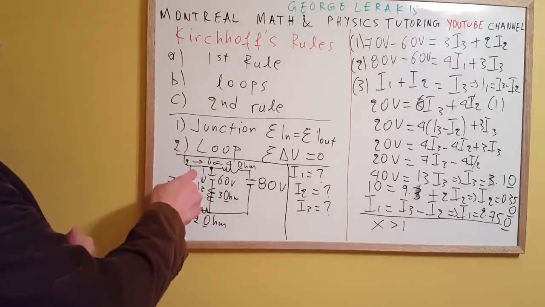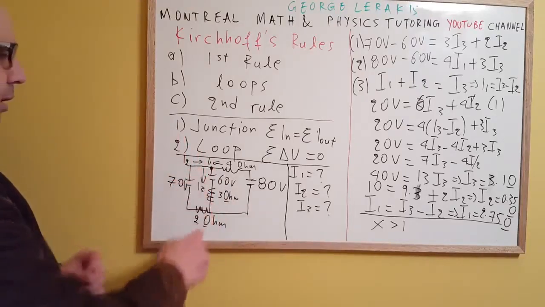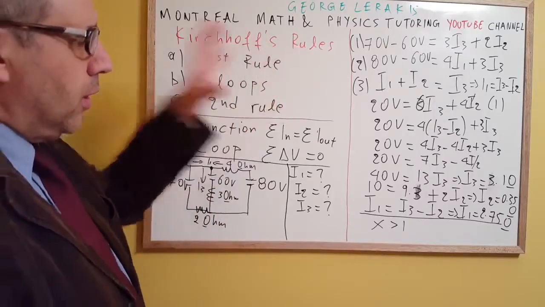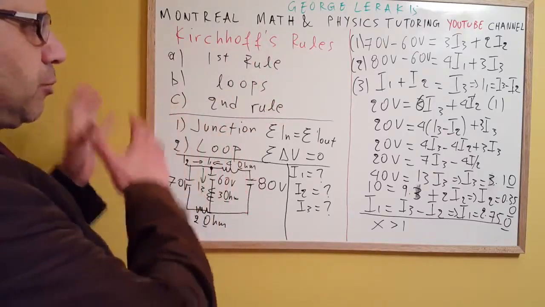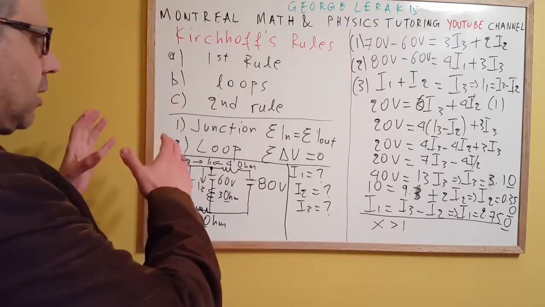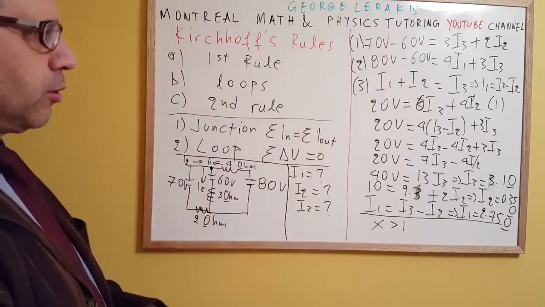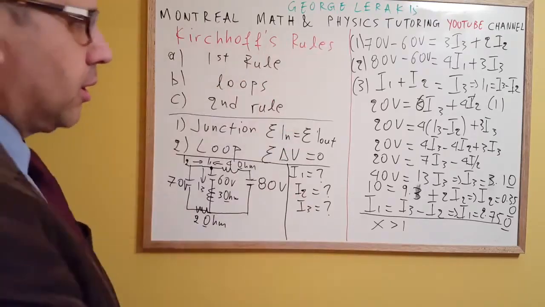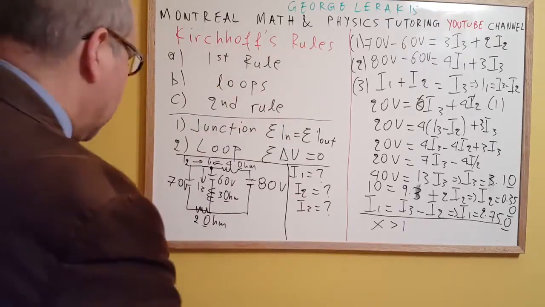So let's first take this loop here. I use Ohm's law, and on the left hand side I put the voltage, and on the right hand side I put the drop of voltage through the resistors.